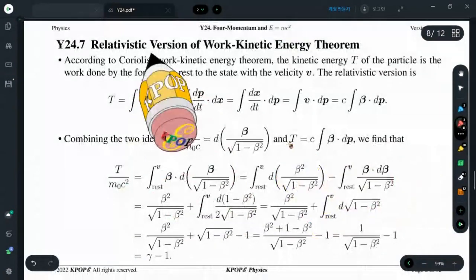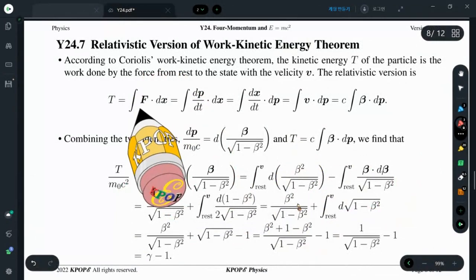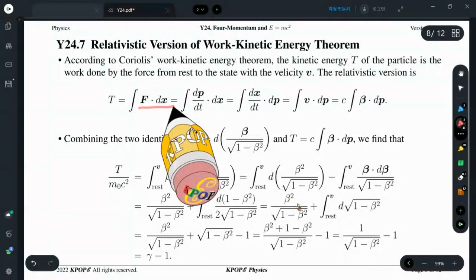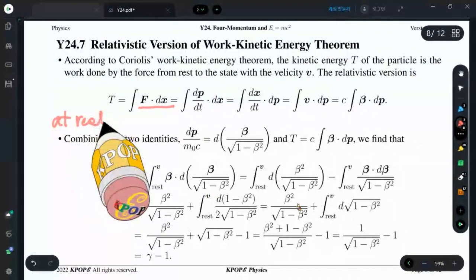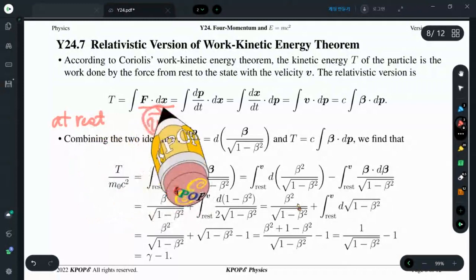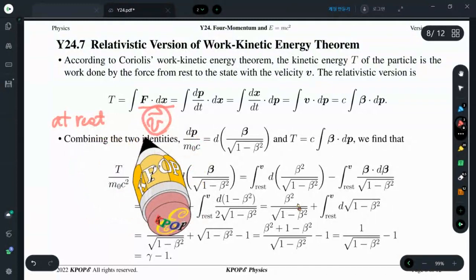Why don't we compute the kinetic energy in relativity? Kinetic energy is the work done by an external force to accelerate a particle from rest to a state that is moving with the velocity v.